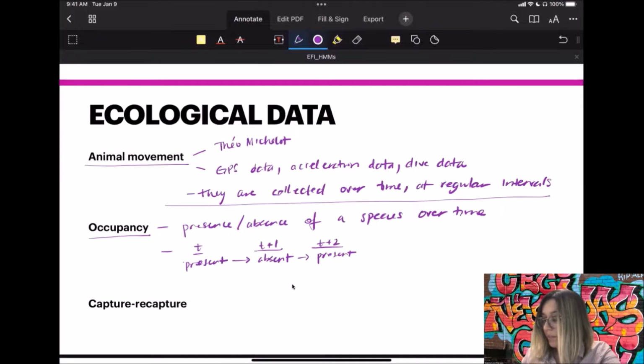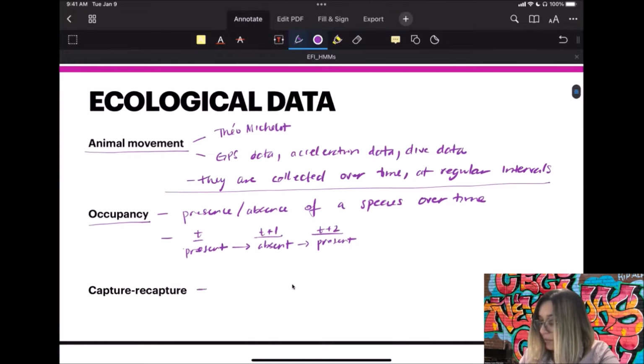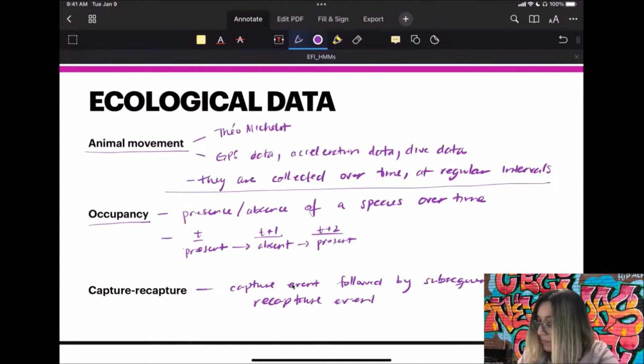And with capture recapture, there is an initial capture event followed by subsequent recapture events. So in general, when we talk about applying hidden Markov models to ecological data, we want data that is collected not necessarily just over time, but in sequence.